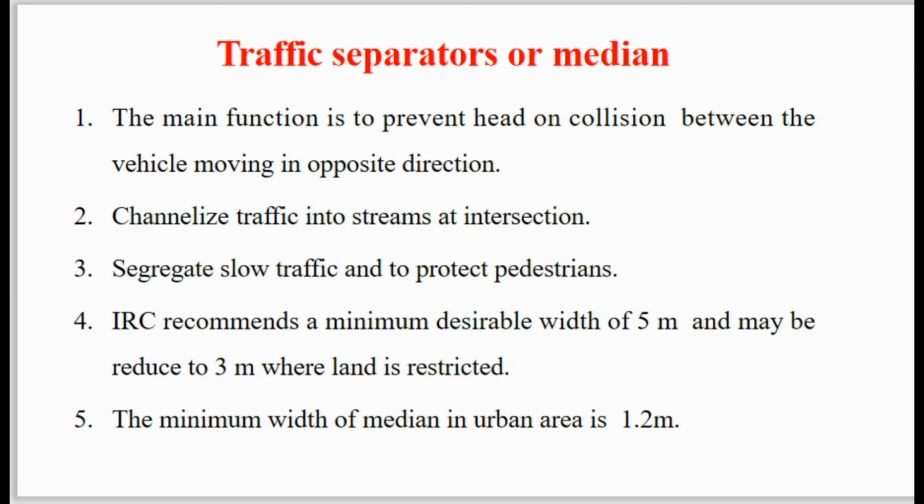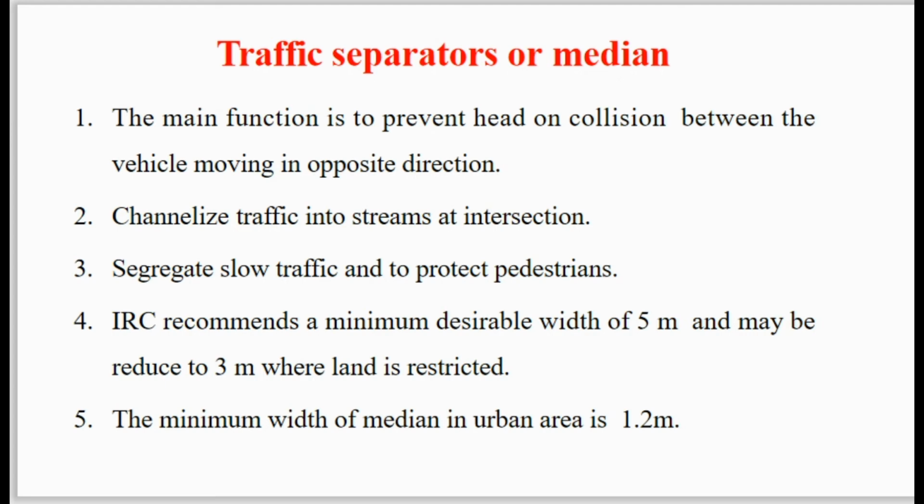Next is traffic separators or the medians. Now the main function of these traffic separators or the medians is to prevent the head-on collision between the vehicles moving in the opposite direction. They channelize the traffic into streams at intersections, and they segregate the slow traffic and protect the pedestrian.